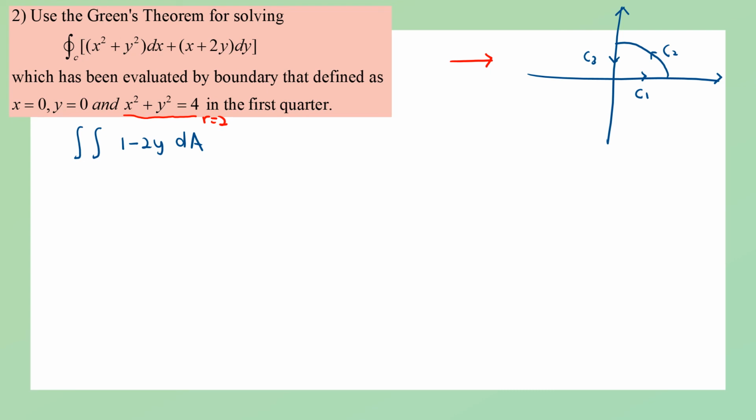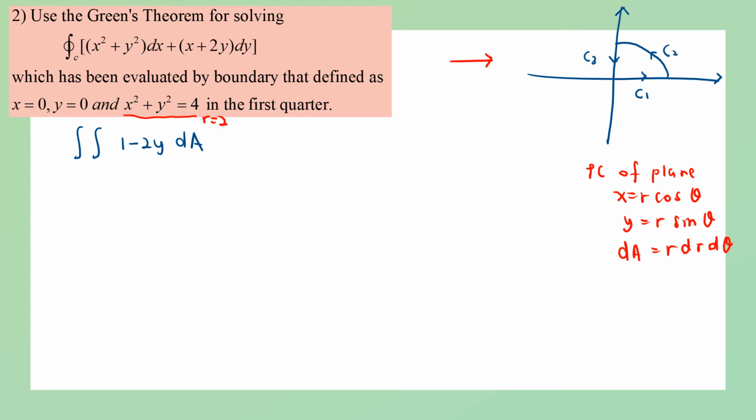So when the question is about a circle, you have to use the polar coordinates. You can refer to your textbook. The polar coordinates of the plane: x equal to r cos theta, y equal to r sin theta, dA is equal to r dr d theta.